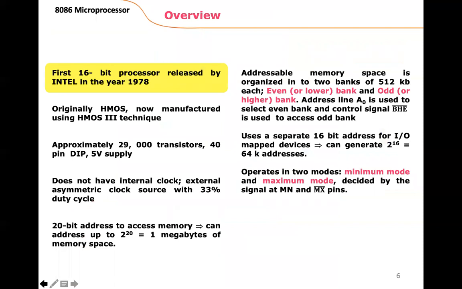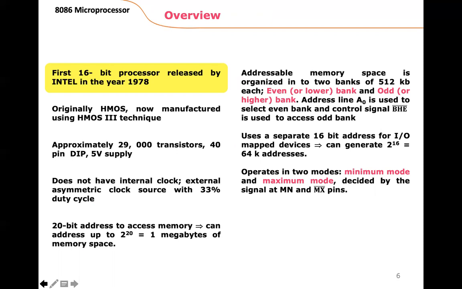Now this is the overview of the 8086 microprocessor. You know that our semester topic is the 8086 microprocessor, which is a 16-bit microprocessor.